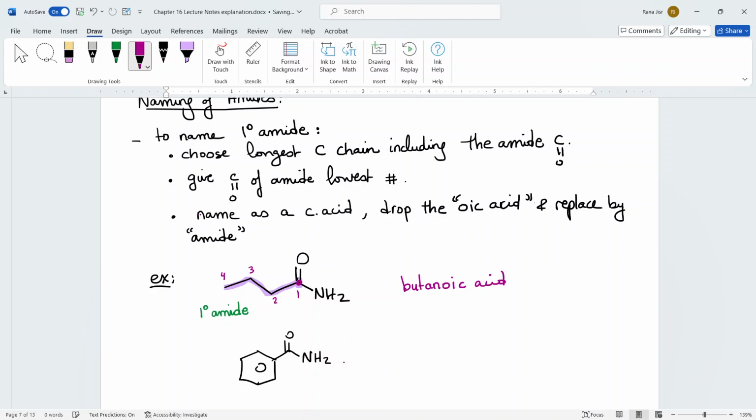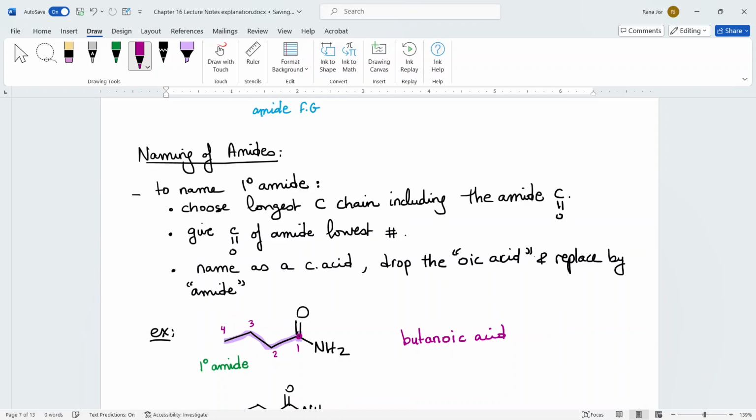Just a reminder, whenever we talk about carboxylic acids, it is RC double bond O connected to the OH. If I take the OH and replace it by N, here in this case H2 or R2 or HR, whatever that is, we get primary, secondary, or tertiary amides.